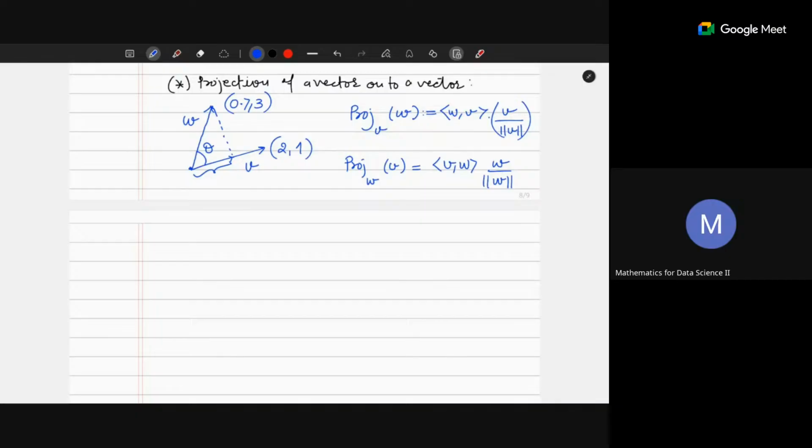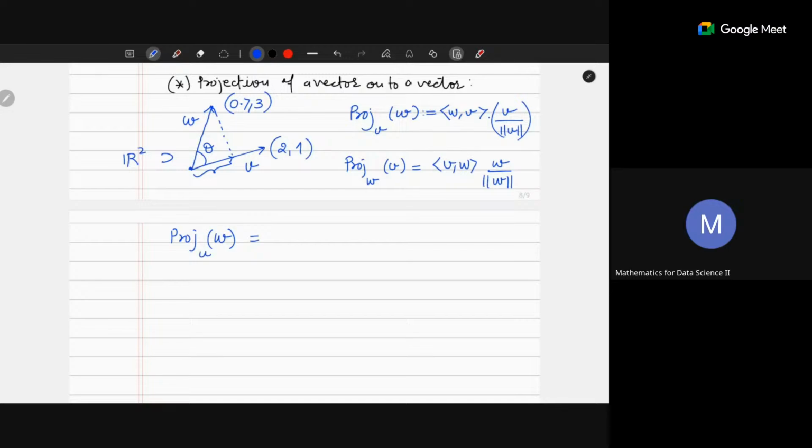So for example, in this example of (2, 1) and (0.7, 3), which is in R2, and I'm working with dot products, what is the projection of W in the direction of B?